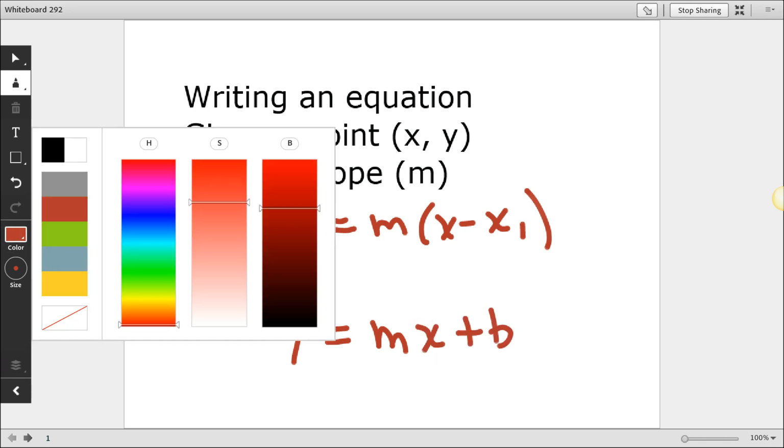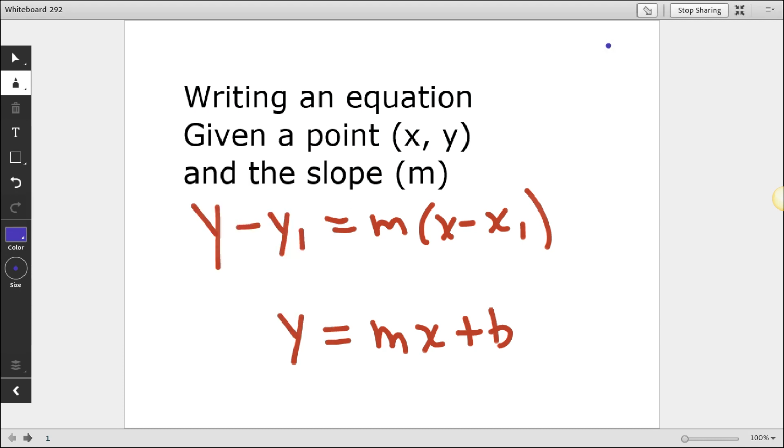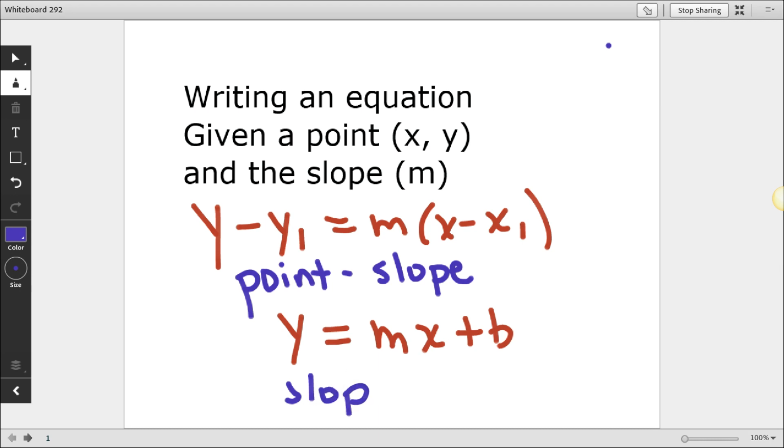So we're going to kind of use this as a transition. We're going to use point slope form to write slope-intercept form.